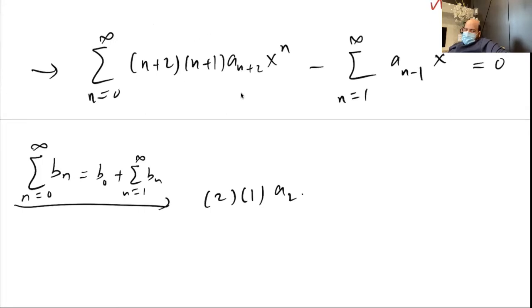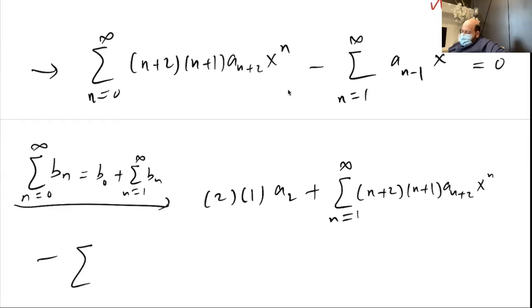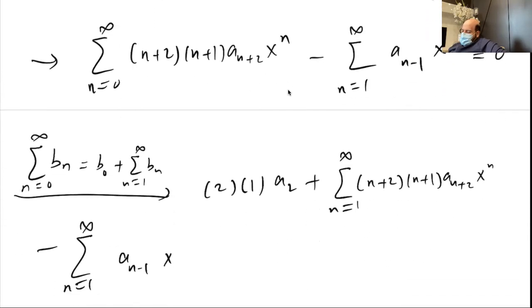So 2 times 1 times a_2 plus the same sigma, this time from n equals 1 to infinity, and then the other sigma remains the same. So minus sigma from n equals 1 to infinity of a_(n minus 1) x to the power n, equals 0.